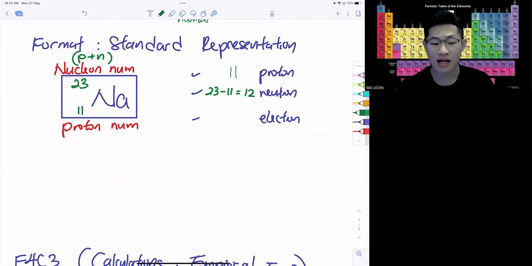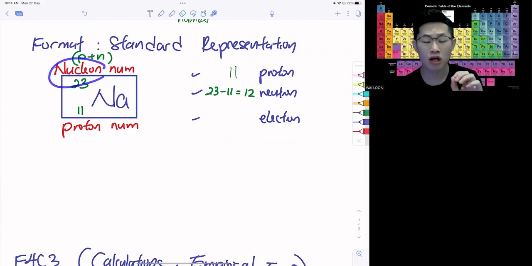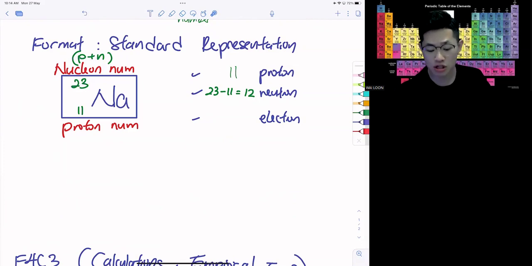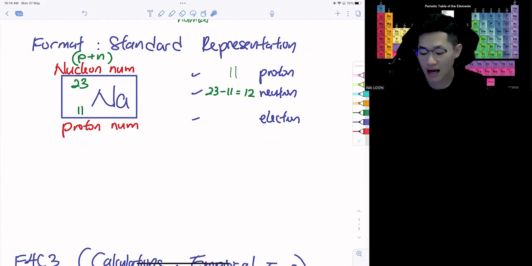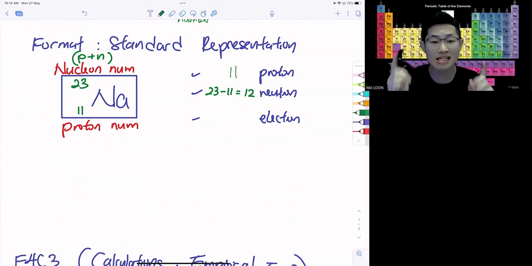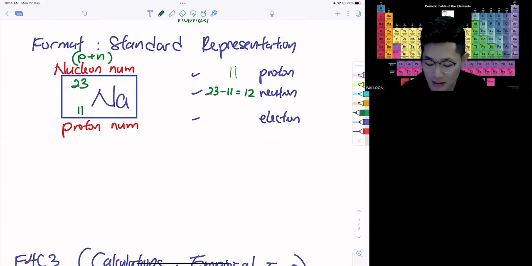And then for electron, they did mention nucleon, which is proton and neutron. They did mention proton, but they never mentioned electron. So how many electrons are in this sodium atom? It will be the same as the proton.